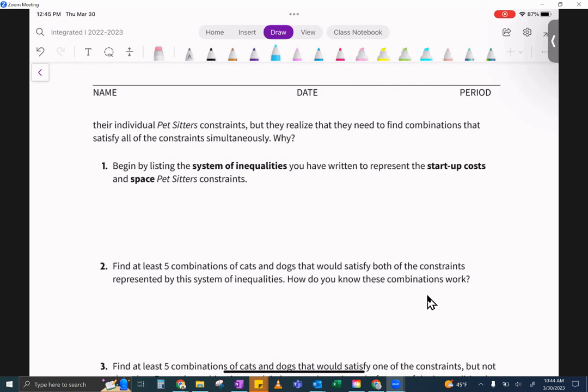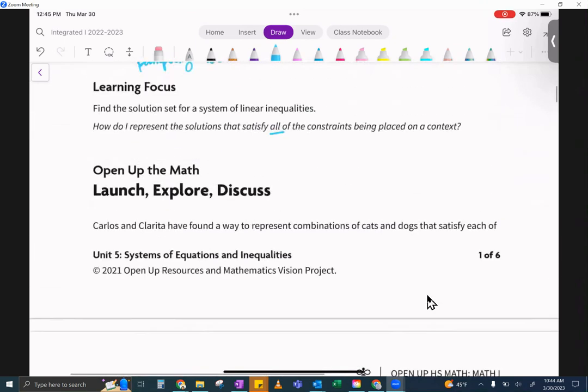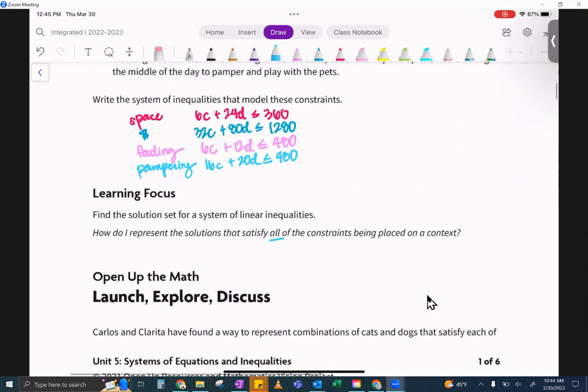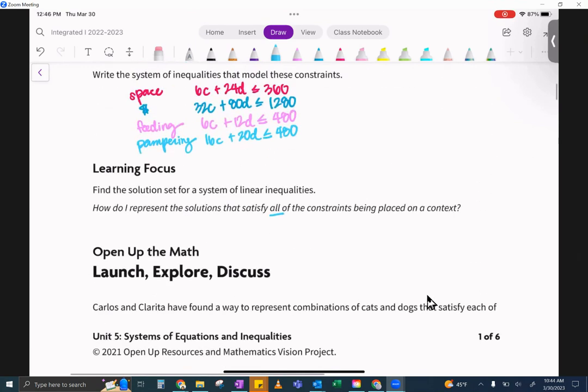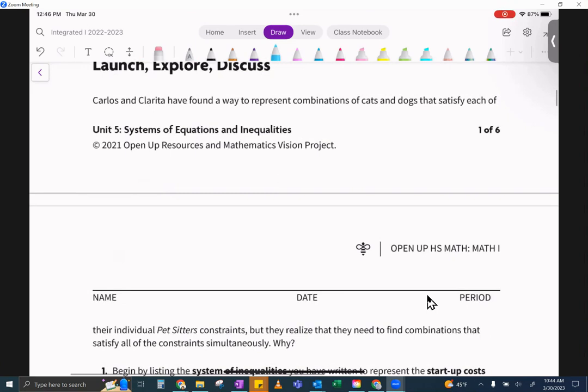So, first, begin by listing the system of inequalities that you have written to represent the startup costs and space for the pet sitters. So that's the very first set. Now we're only going to take these first two inequalities from up here and bring them down here because they only wanted us to talk about the startup costs and space. The startup costs was in the blue.